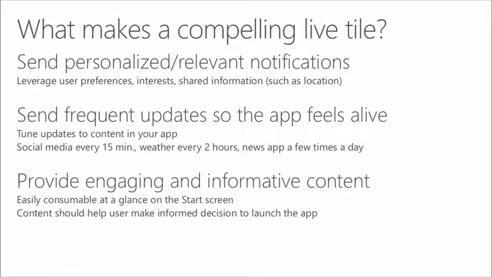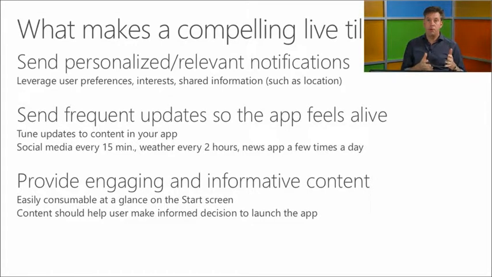So what makes a compelling live tile? It's very good if it's personalized and relevant for the user. So again, the mail app shows my mail, and that sounds logical because it's attached to my mail account. But for instance, when I pinned the basketball tile, that's something that's interesting to me.